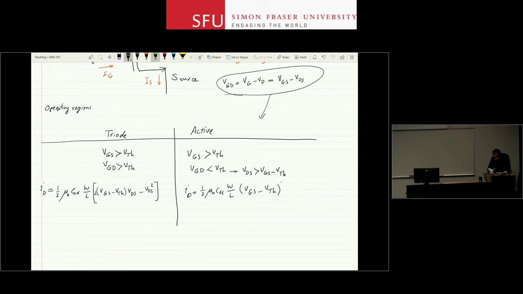The current through the drain does not depend on the VDS voltage anymore, right? This is what I need from a current source.